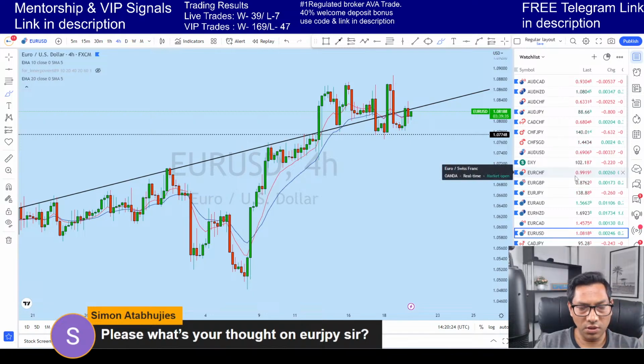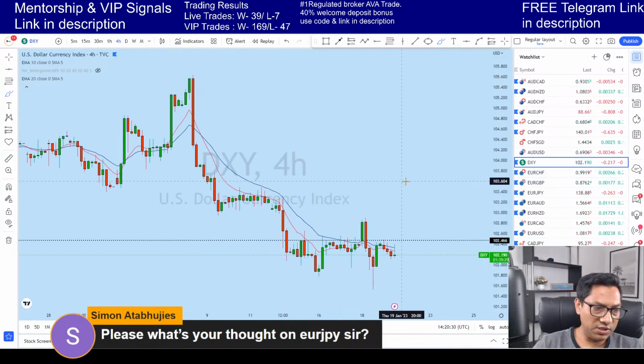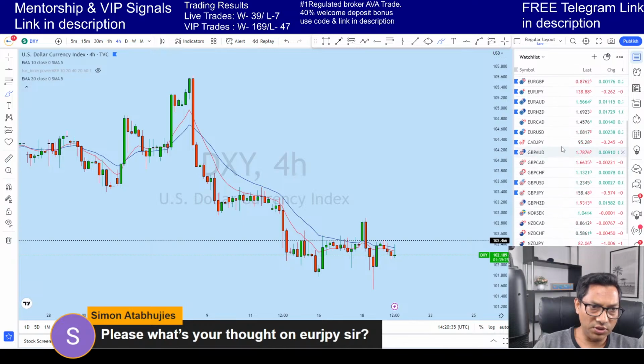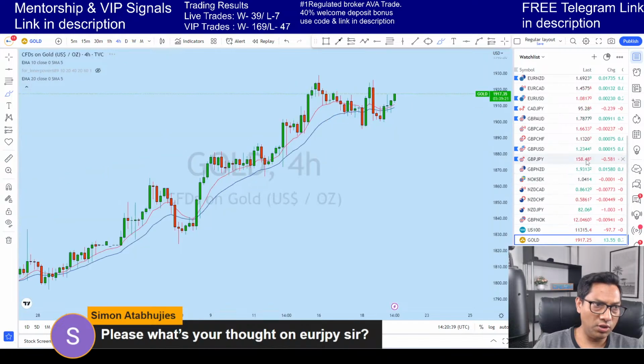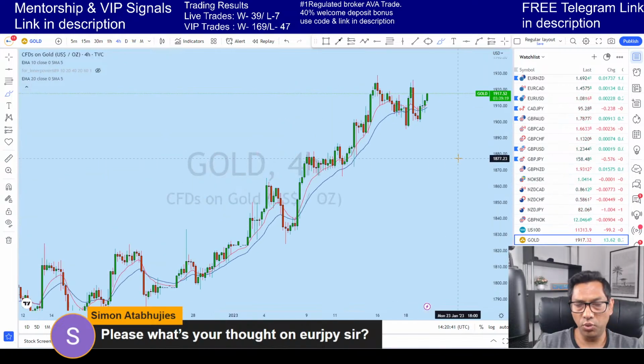So the overall conclusion from this session is that DXY is getting bearish. NZDUSD and EURUSD are showing bullish price action, and gold is showing bullish momentum.